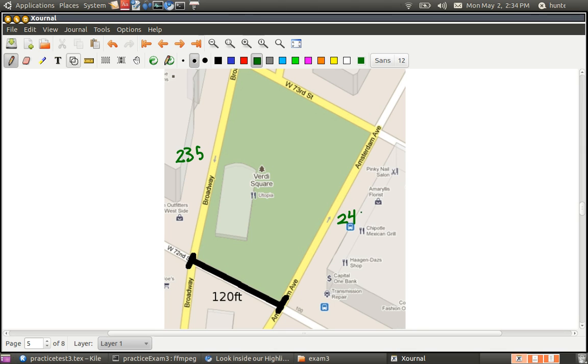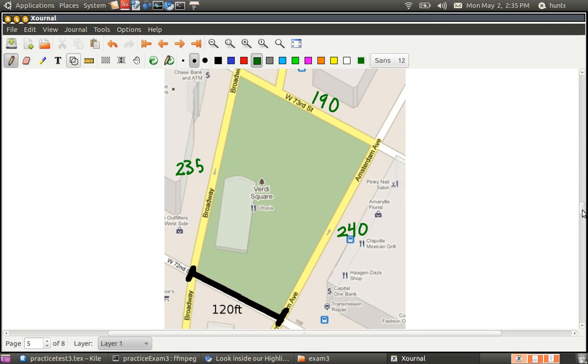So this is like 240. And the 73rd Street side, I estimate this to be about 190. So how did I get that? I don't have a clue. Somehow I arrived at the number 190. So you might arrive at a slightly different number.